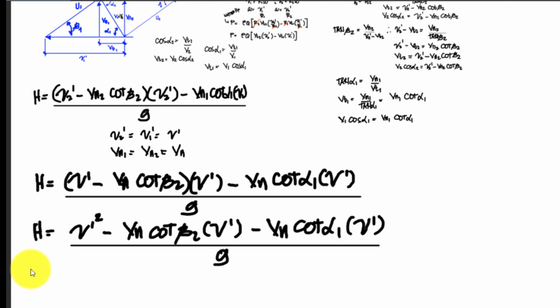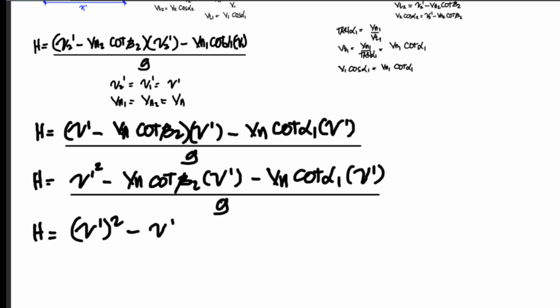And we can rewrite this one and simplify, no? Simplifying the equation, that will be velocity of the vane squared, minus, we can factor out also the normal velocity here. So this will be velocity of the vane over the gravity, divided by the gravity.